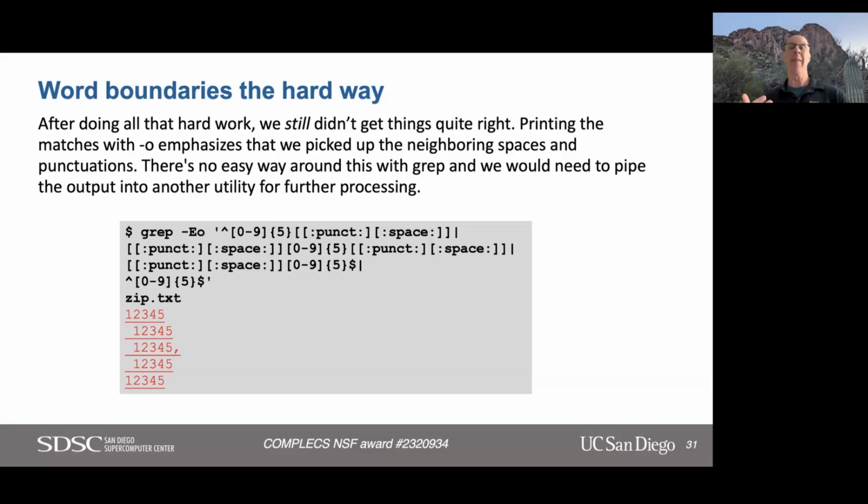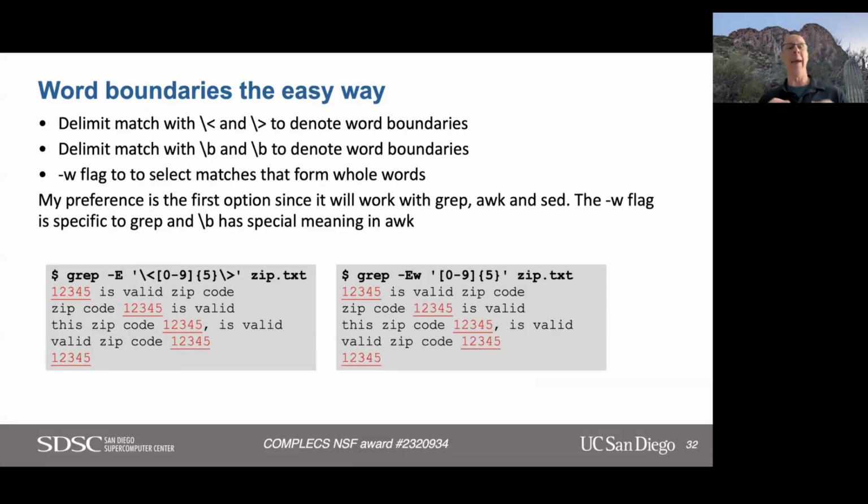A more advanced topic that we're not going to get into today: with Perl-compatible regular expressions, we could use positive lookahead and positive lookbehind to look for the context and avoid the spaces and punctuation marks. But there's a much easier way to do this, and that is using word boundaries.